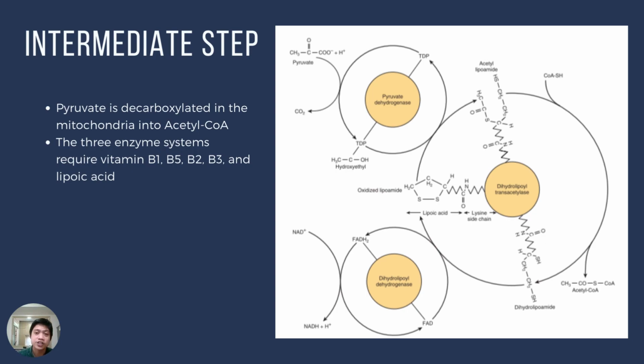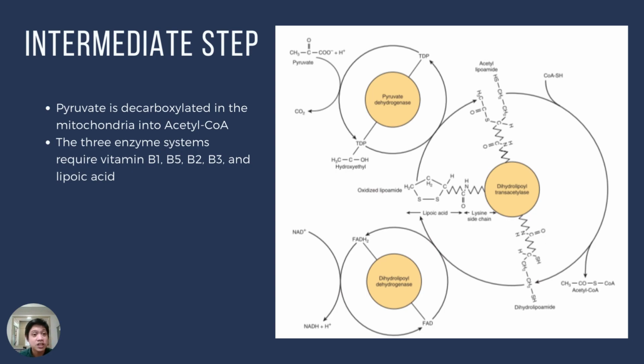This is highly energetic, and therefore, for the body to stabilize the molecule's energy, it will have to attach coenzyme A. Coenzyme A will then bind with the hydroxyethyl moiety, and that releases acetyl coenzyme A.